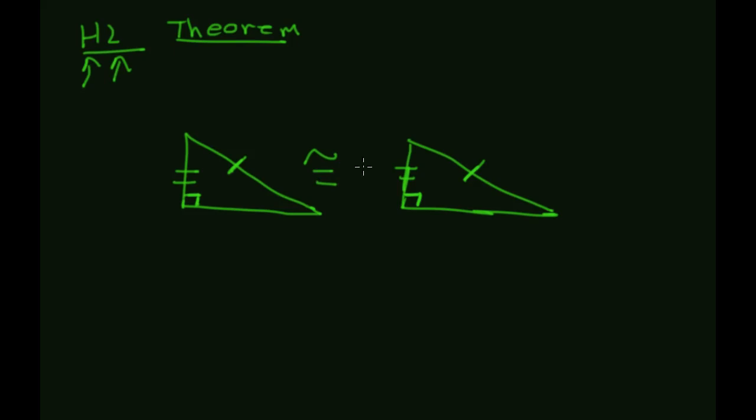Now, this looks like ASS or SSA, which we said doesn't work, so this is a special case of this. This only works if that angle is 90 degrees. Otherwise, we get the ambiguous case, and we're not necessarily having congruent triangles. But if they are right triangles, then this will work.